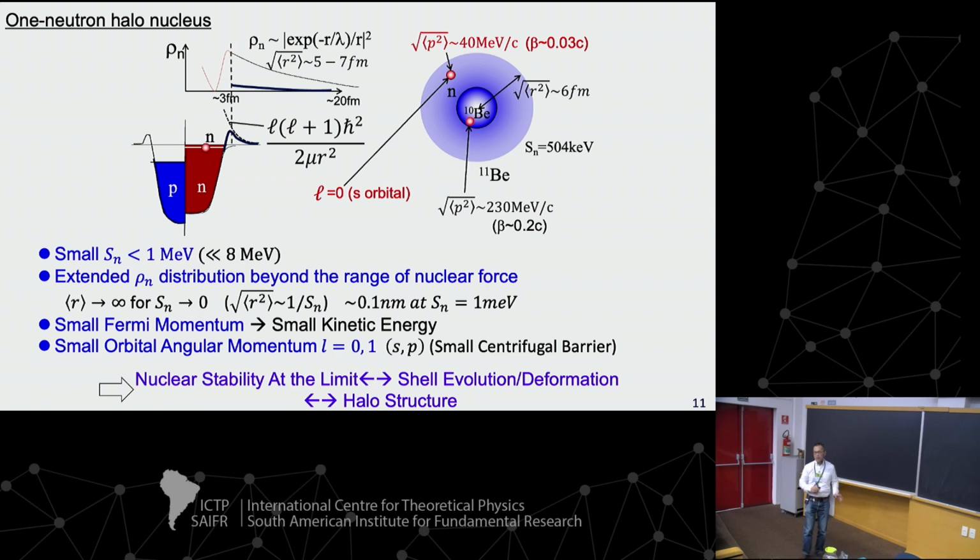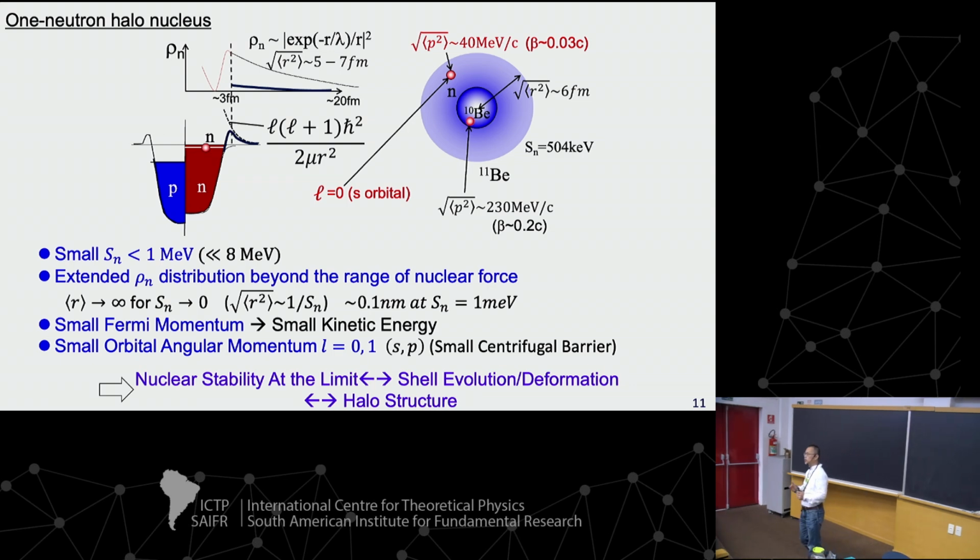But on the other hand, we actually see a lot of halos along the neutron drip line. This means that shell evolution is also relevant for halo formation. So nuclear stability at the limit, shell evolution or deformation, and halo structure are all relevant to each other.